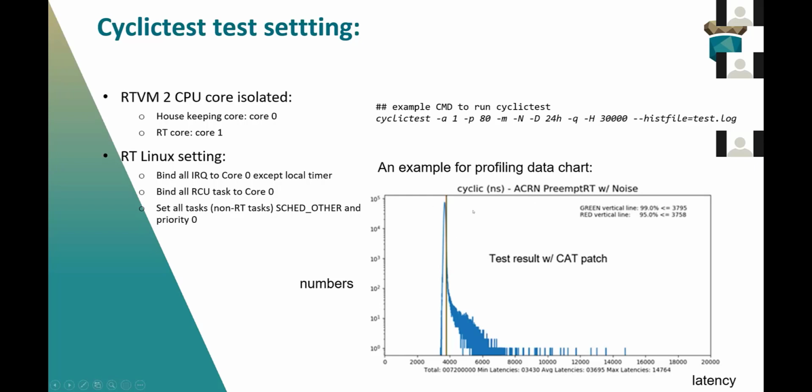And here I give an example of all the data we sampled and exported, and we use a Python script to handle it. For the vertical axis, it is the number for each latency. For the horizontal axis, it is the latency for each data point.